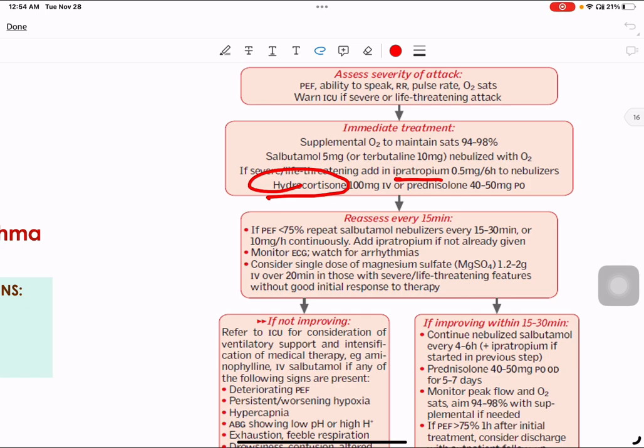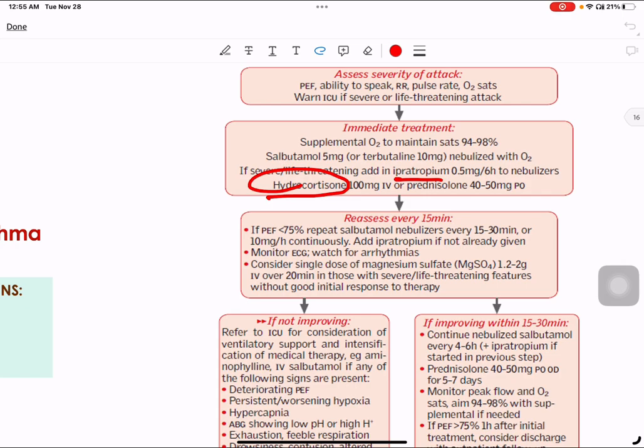So we have to give steroid, nebulization, and oxygen. We give high flow oxygen to keep arterial oxygen saturation at 94 to 98%, nebulize with salbutamol or terbutaline and ipratropium, and give a steroid like hydrocortisone or prednisolone 40 to 60 milligram orally. Then we have to reassess frequently.